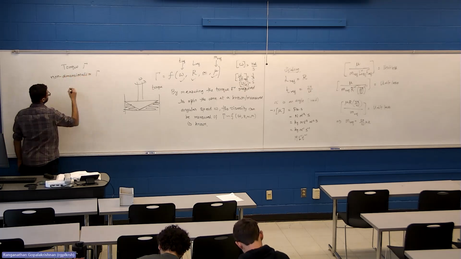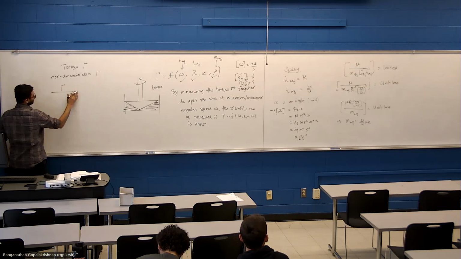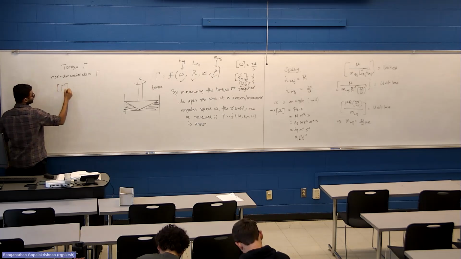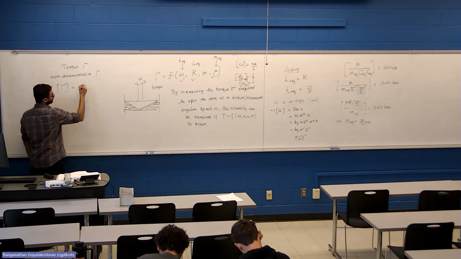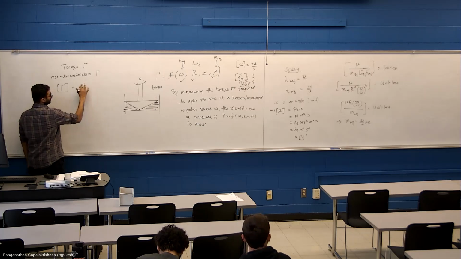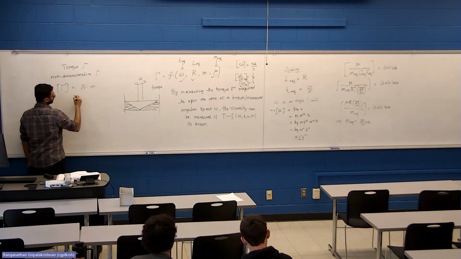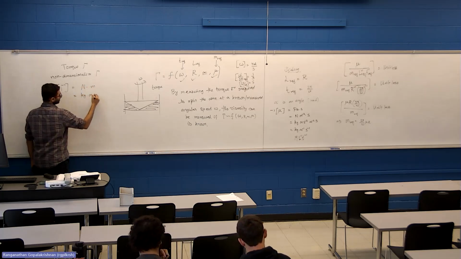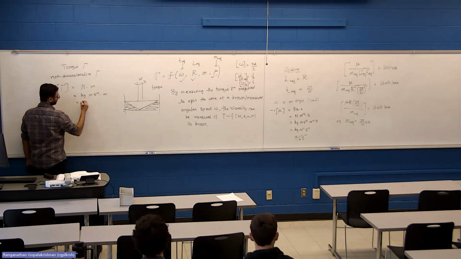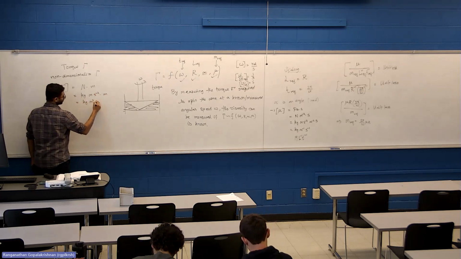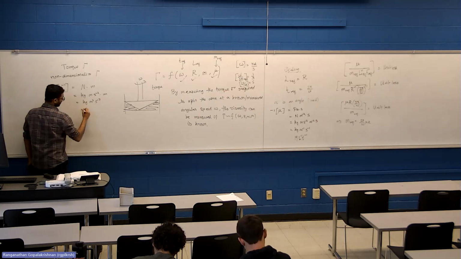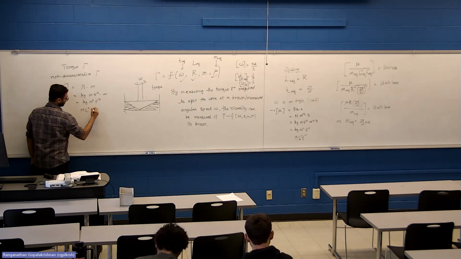So torque, what are the units or dimensions of torque? Newton meters, right? So that's kilogram meter per second squared times meter, which is kilogram meter squared per second squared, or M L squared T to the minus 2.